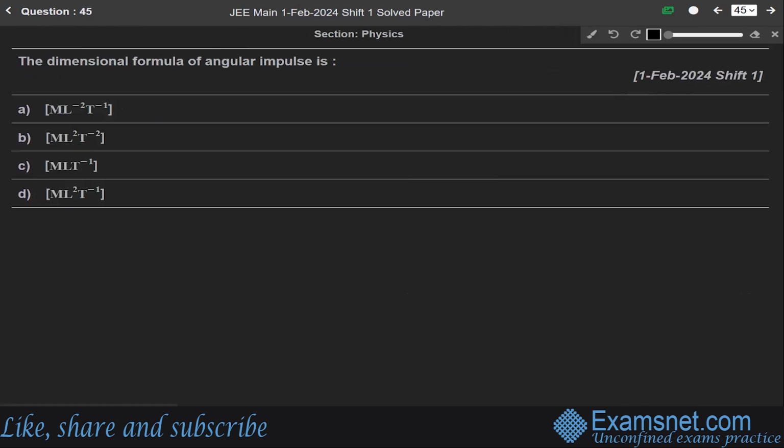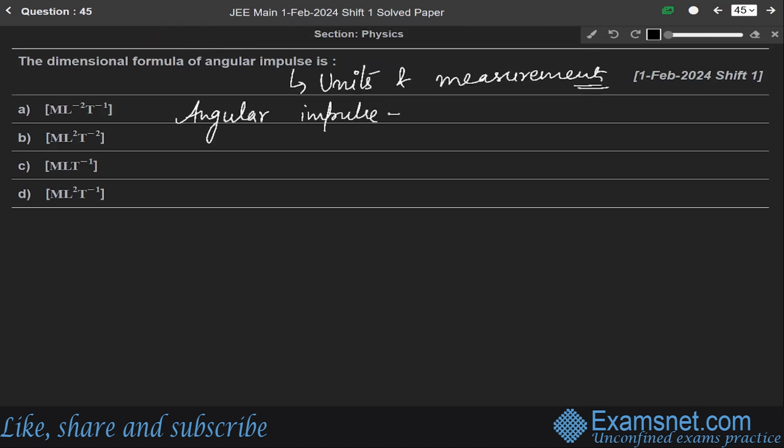Okay. Now, next question, 45. The dimensional formula of an angular impulse is. So this question is again from the chapter of units and measurements. Now we know that angular impulse is equal to change in angular momentum.